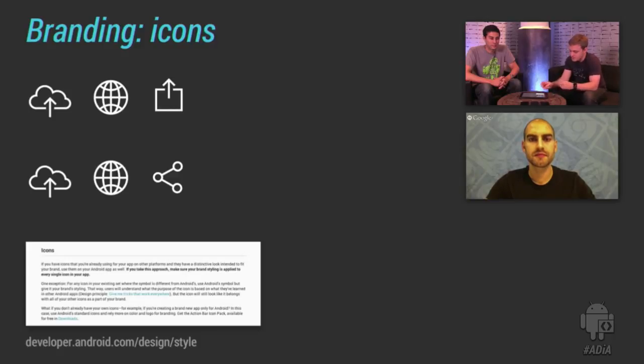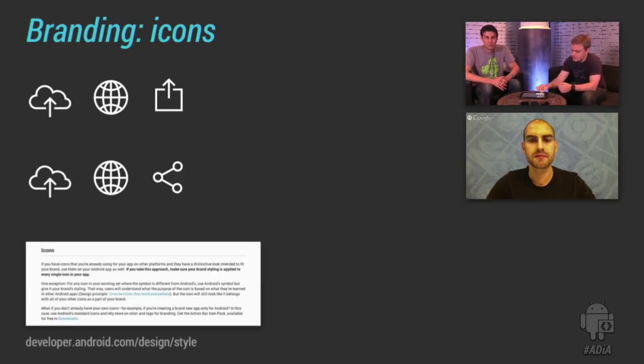So to summarize this point, it says when you're coming from other platforms or when you have an existing visual style for your icons, make sure that if there's something in the Android icon palette that is universal, for example, sharing or refresh, make sure that you apply your visual style to Android's iconography. So use the actual icon from Android's palette, but apply your visual styling.